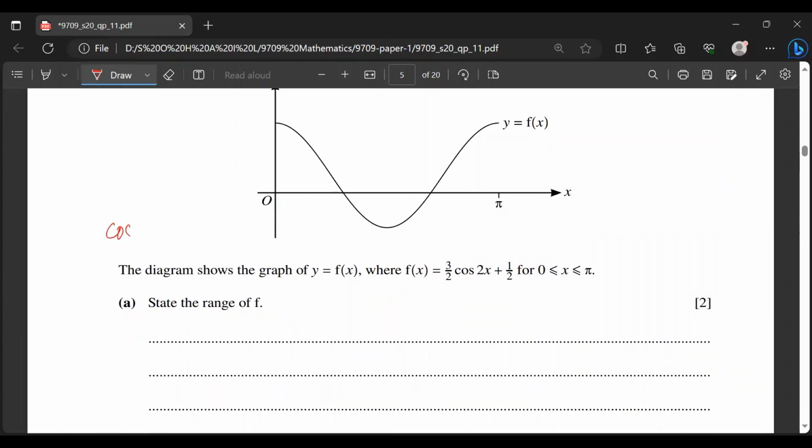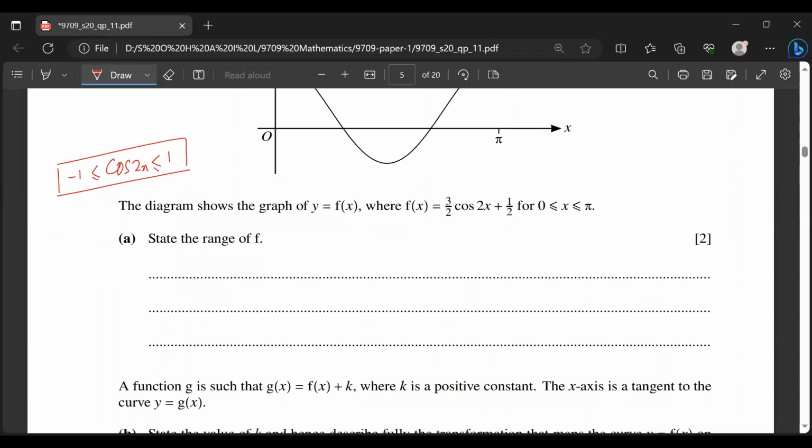We know that cos, for any angle, is from -1 to 1. So this is the range for the cos function. So for the range, what you can do, simply, is replace this first by -1. So cos of 2x equals -1 means f(x) is equal to, in this way you can find the extreme values.